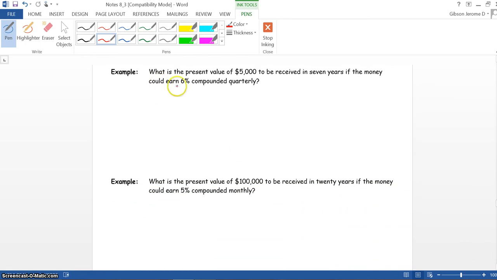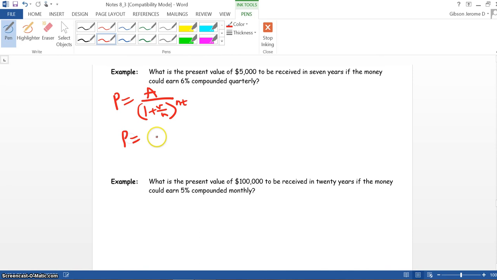Now, it says, what is the present value of $5,000 to be received in 7 years if the money could earn 6% compounded quarterly? So we have P is equal to, again, A over 1 plus R over N to the NT.